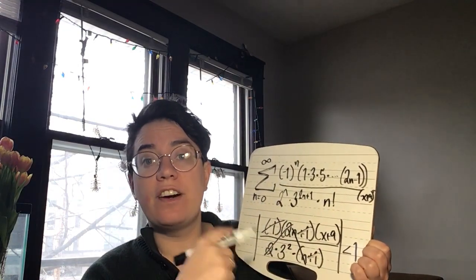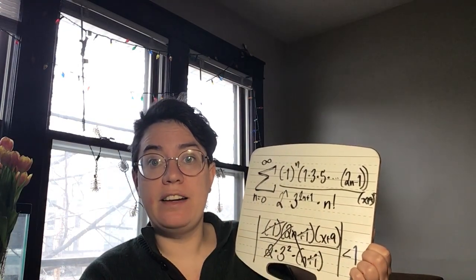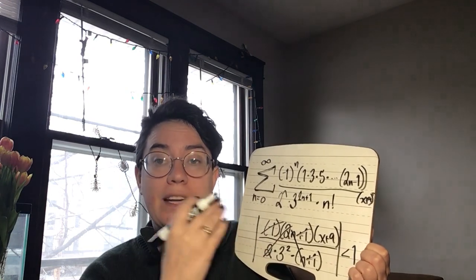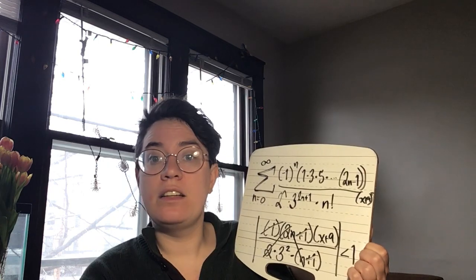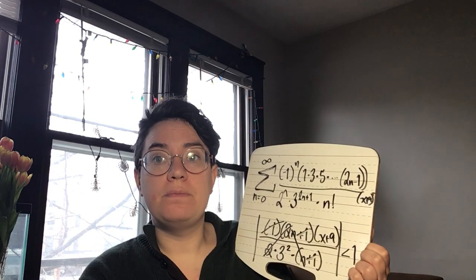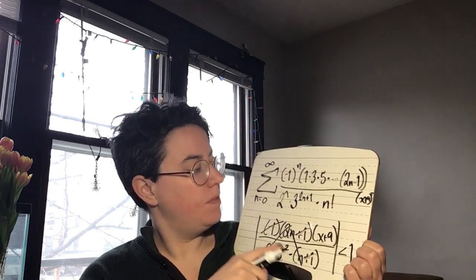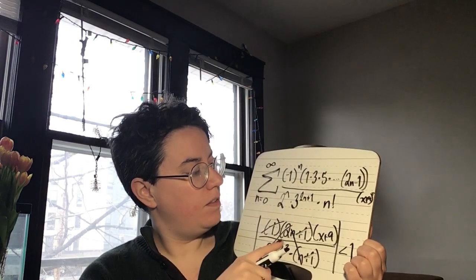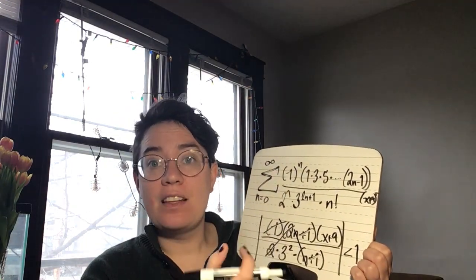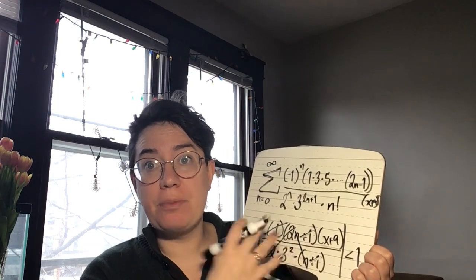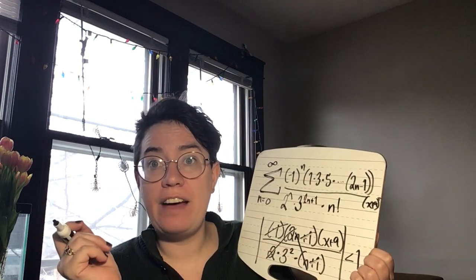Multiply the 9 over, and you end up with a radius of 9, which goes between x equals 0 and x equals 18. I know I skipped some steps with the algebra in this one, but please let me know if you have any other questions.